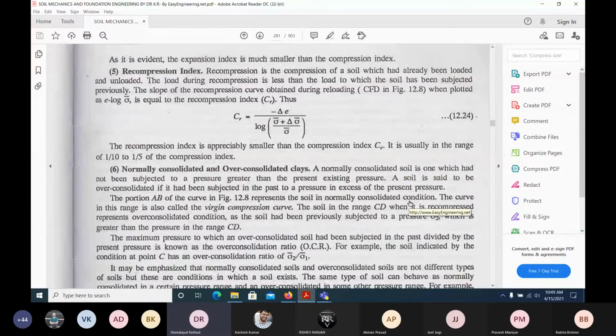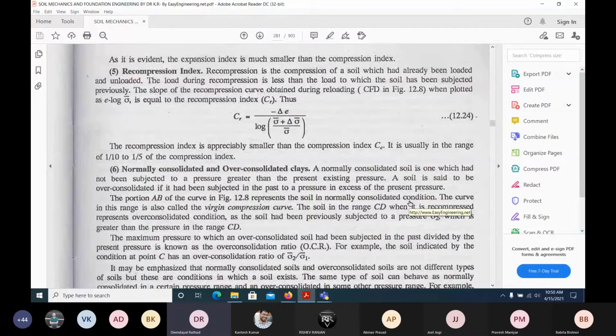Now, there are two types of soil generally discussed in clay soil. Everything we are discussing here is with respect to clay soil only, because consolidation takes place in clay soil. As we have seen in the curve, dissipation of water takes place in sand very quickly, so we can't call it consolidation. Consolidation means expulsion of water over a long term.